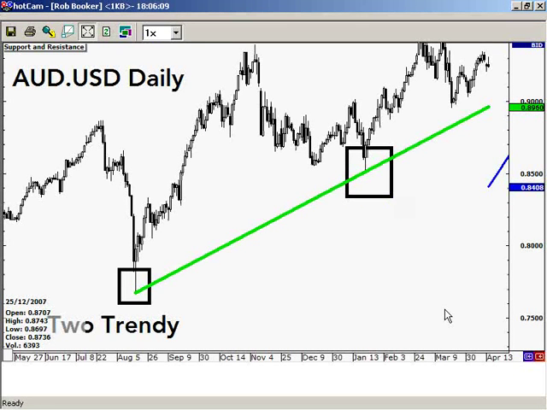These two spots right here, numero uno and numero dos, are points number 1 and 2. It's obvious in these areas that the Australian dollar, US dollar, fell and swung around and jumped back up.